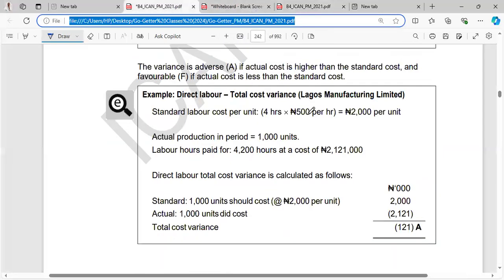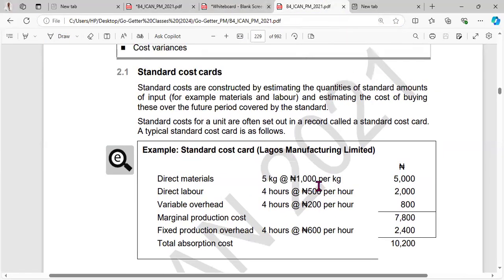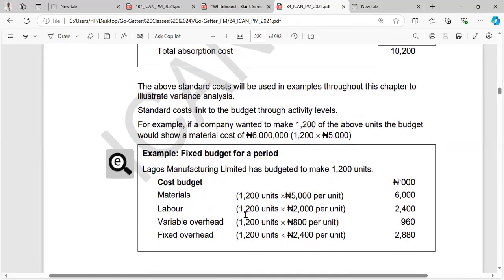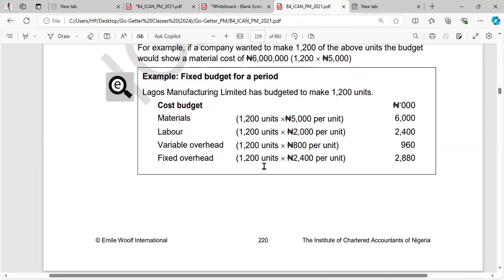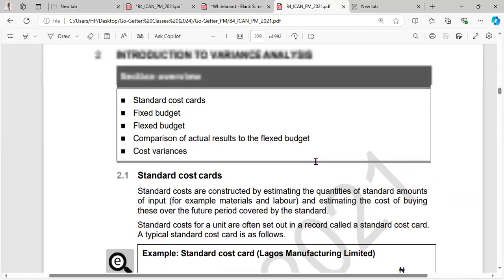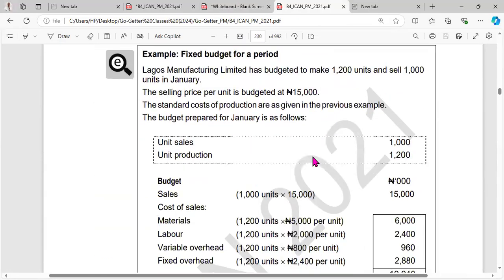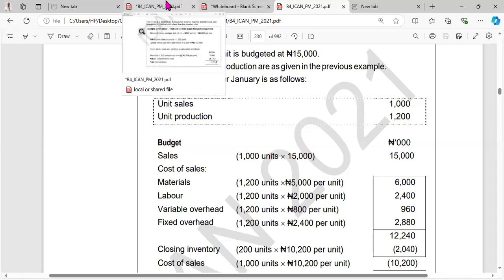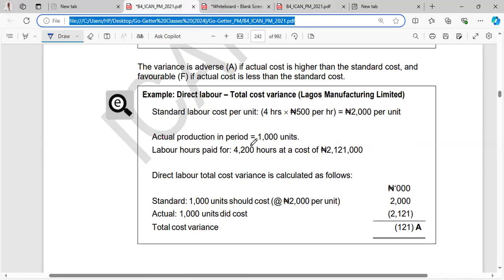Remember, it was 1,000 that we used in the period as against 1,200 production. Okay, then labor hours paid 4,200 at a cost of 2,121,000.